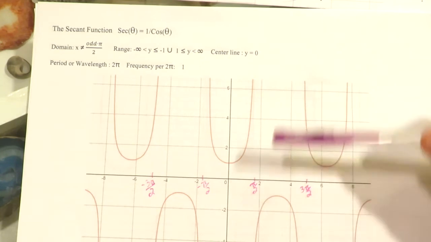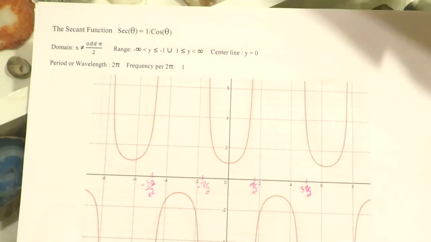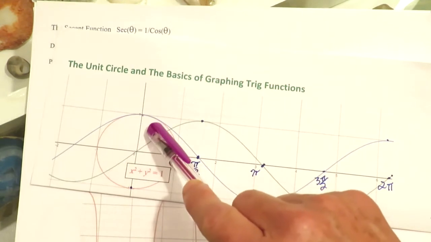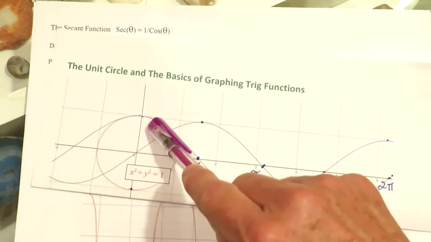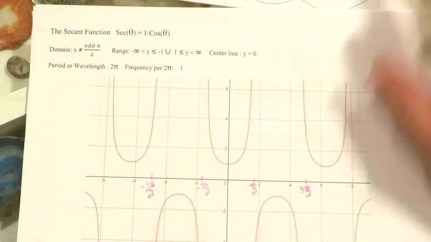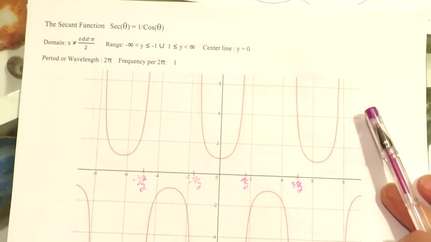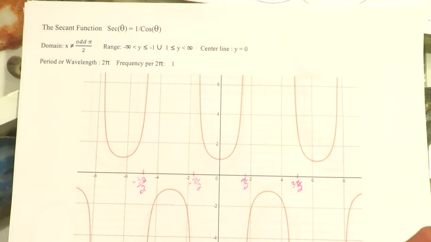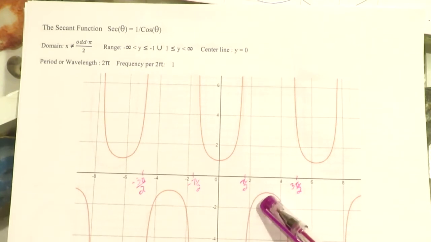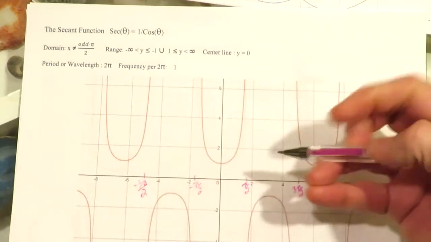And then on the other side of that asymptote, cosine's now negative, so we immediately switch from positive values to negative values. And so right on the other side of pi over 2, we're coming up from negative infinity at pi. So this point's at pi.